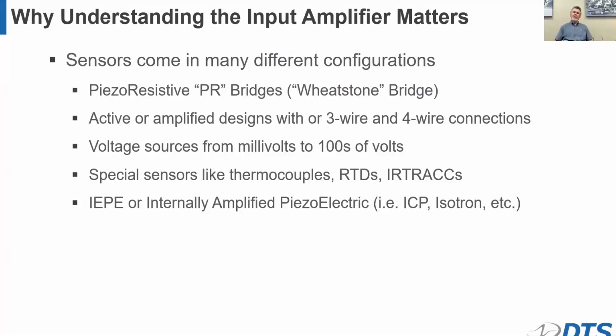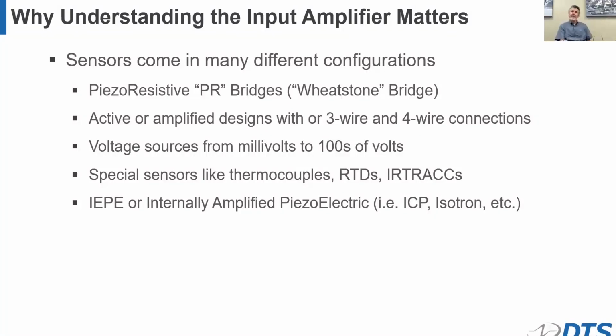So sensors, why is all this important? Why am I spending so much time on the differential amplifier? Number one, sensors come in lots of different configurations. The most common is the Wheatstone Bridge, which we'll touch on in a moment. Then there are active or amplified designs, voltage sources from all over the place, everything from millivolts to hundreds of volts in an electric vehicle.